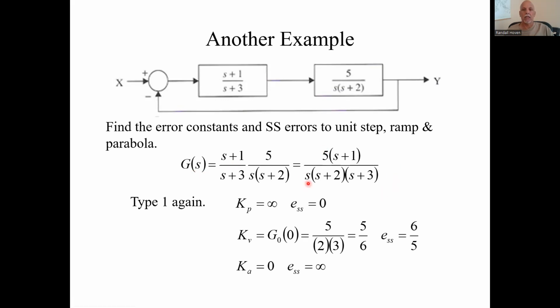Here's the product. Again, it has 1 pole at the origin in the forward path gain. Go back to that table, do the calculations. G sub naught is this guy with that S removed and the other S's set to 0. So 5/6, right? And you just use the table.